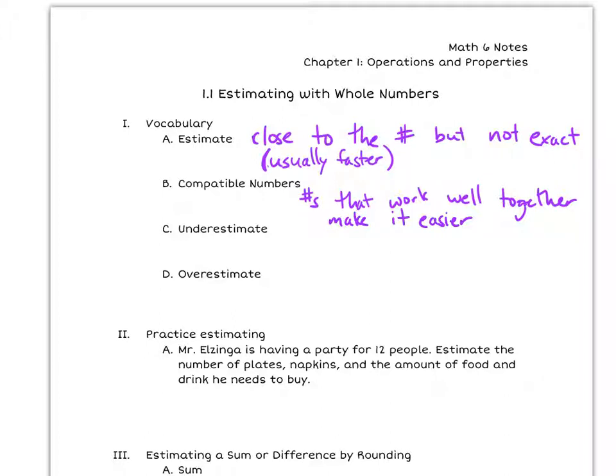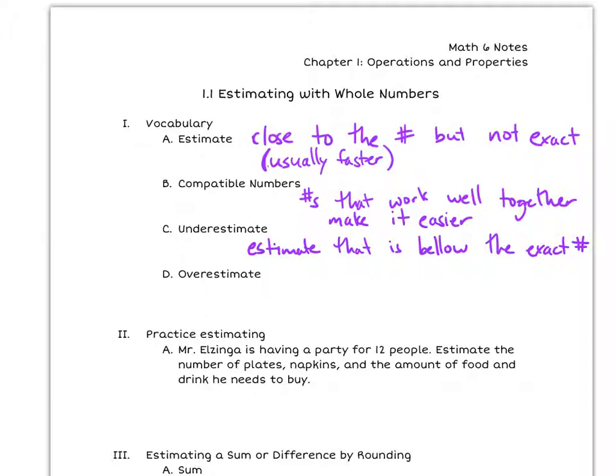Okay, the next two words are similar to each other. We have underestimate and overestimate. Underestimate. What do you think? Below the number. Okay. It is an estimate that is below the exact number.